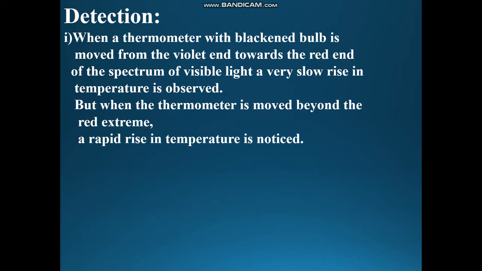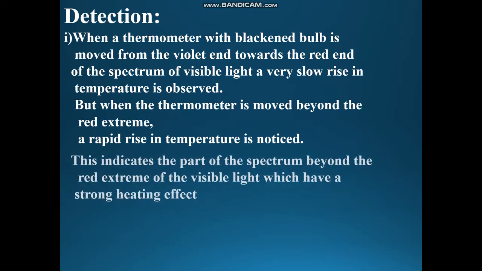That means when the thermometer is moved from violet towards red, there's a very slight rise in temperature. But a rapid rise in temperature takes place when it is moved beyond the red color.